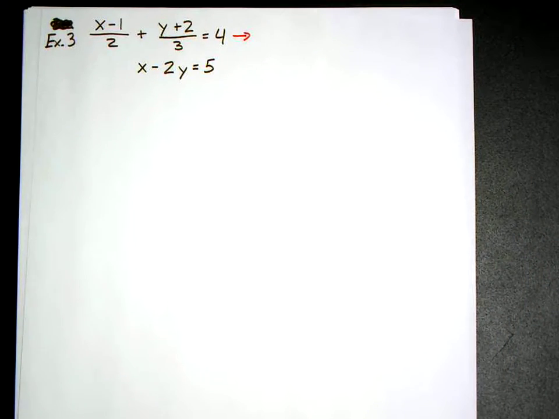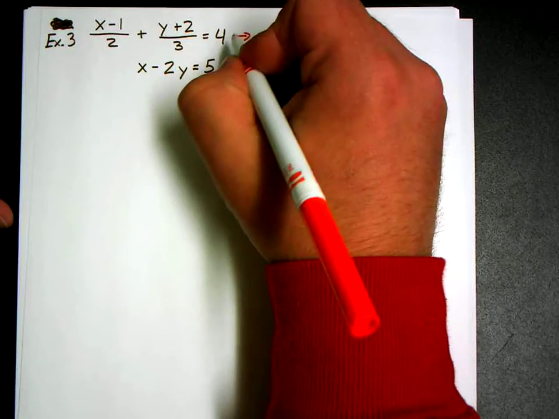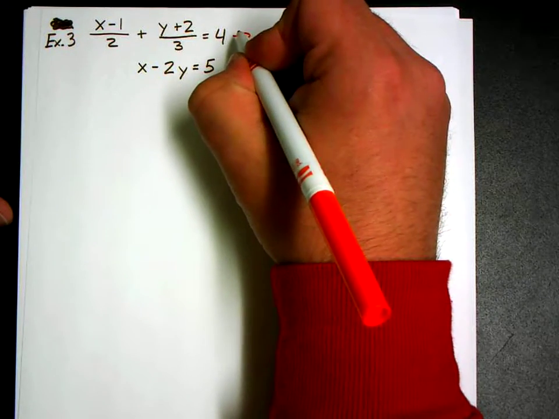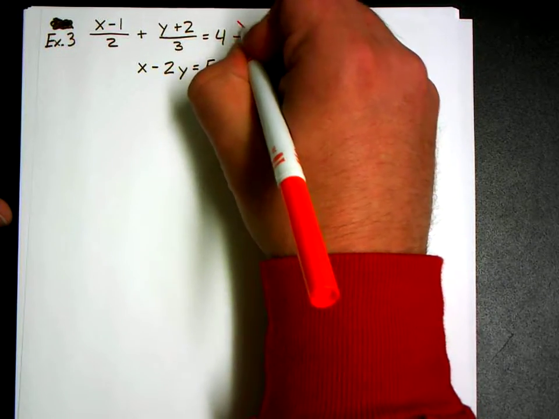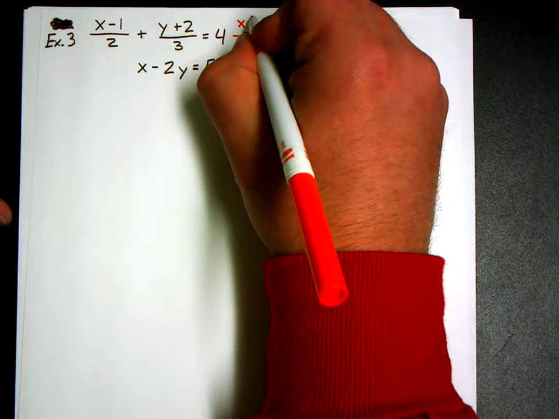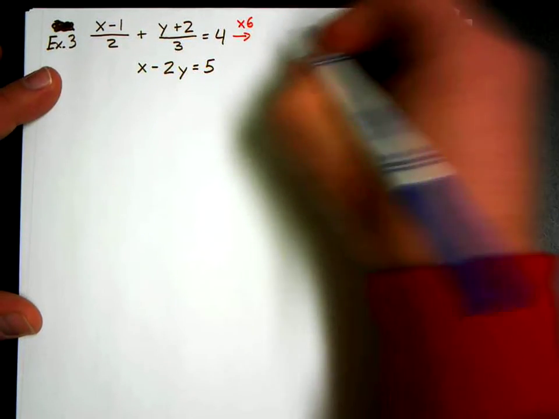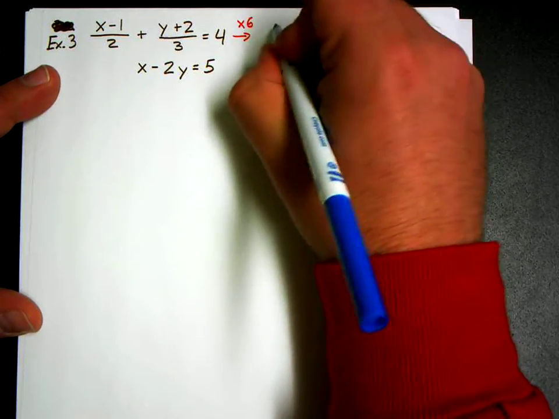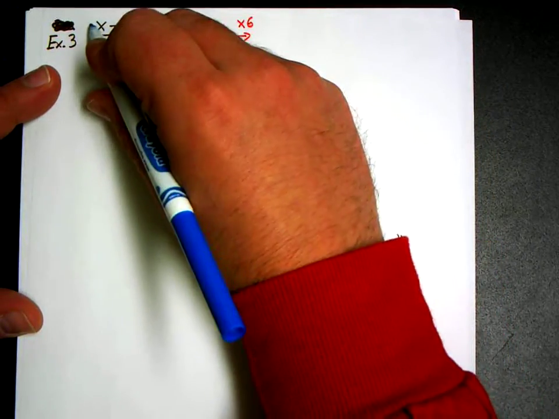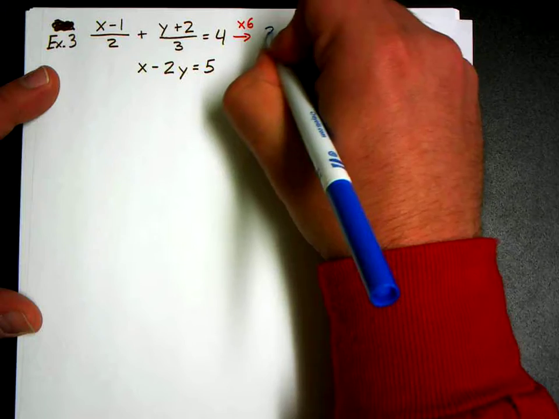So this one you'd want to take a couple steps. So what do you want to multiply this by first? 6 would be, yeah. I mean, you could multiply it by 2 first, but in the end you'd end up multiplying it by 6. So wherever you do that, the 2 would cancel out with the 6 and leave a 3.